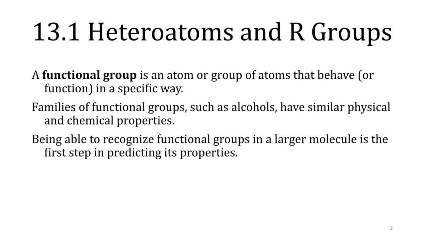Their solubilities, their densities, their chemical reactivities, and so forth. So it's very important to be able to look at a compound and recognize the functional groups, and that allows you to very quickly start to estimate what sorts of properties will be involved with that molecular structure.